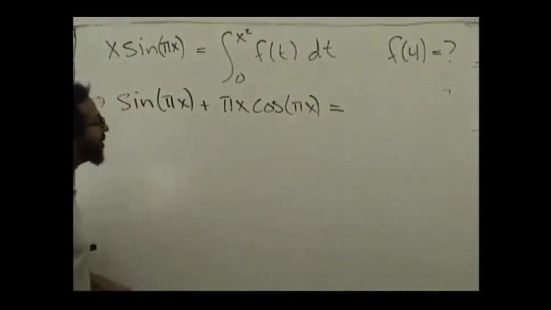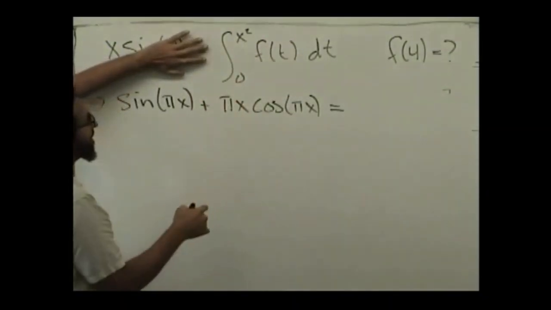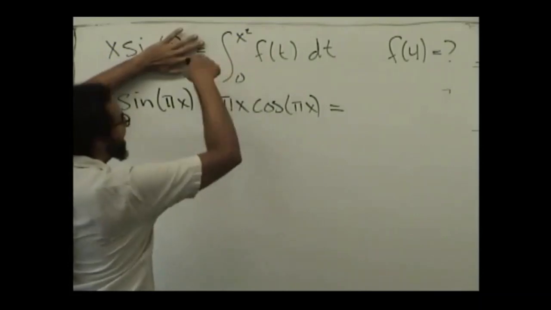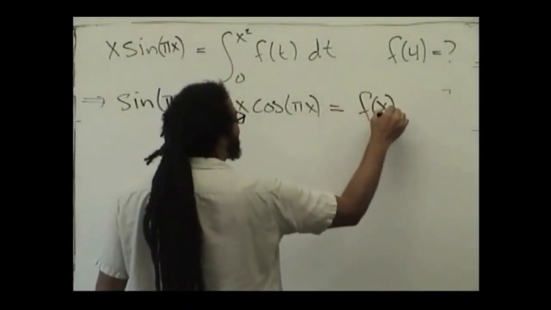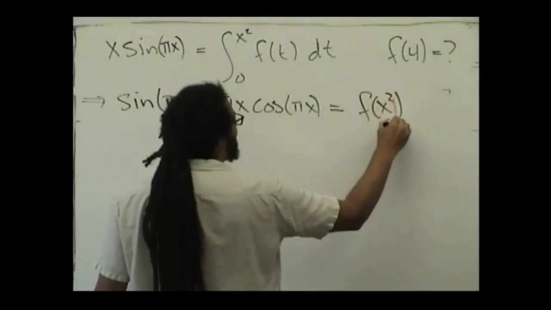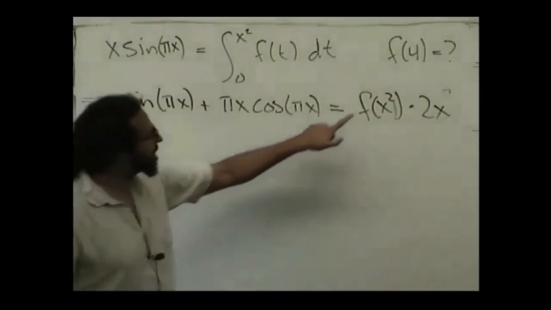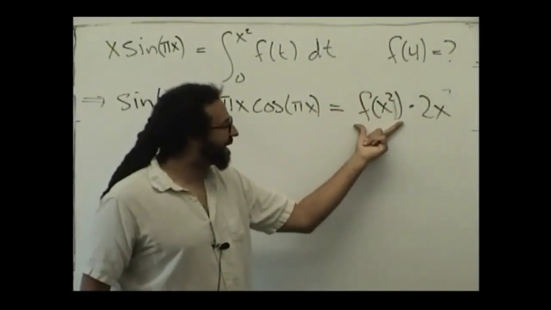And now that's going to be equal to, well, the derivative of this thing, the fundamental theorem says I replace t by x squared and then tack on the derivative of x squared. So this is f of x squared times 2x. Now I'm looking for f of 4. I've got a thing that says f of x squared.